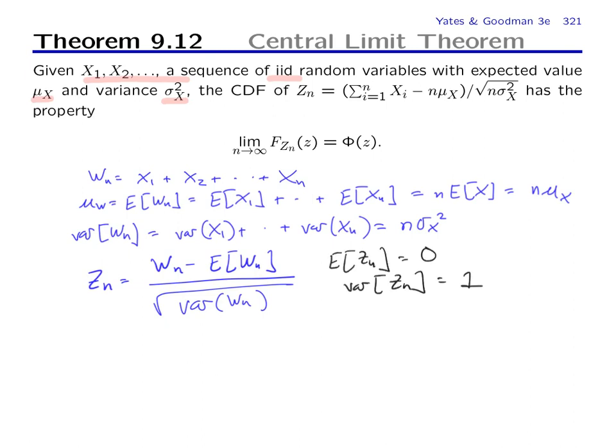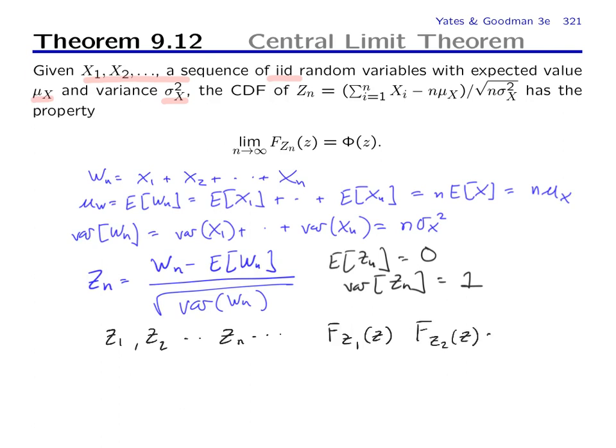And this is true for all n. However, the Z_n's have different distribution functions. That is, we have the sequence Z1, Z2, and so on, Zn, and this keeps going. And F_Z1 is the CDF of Z1.